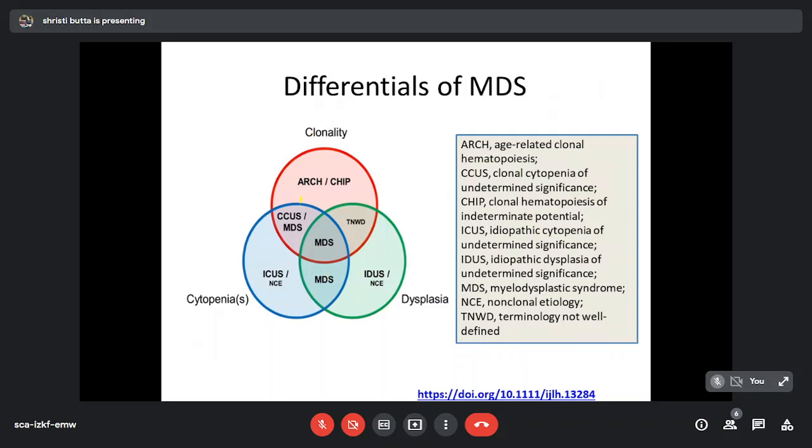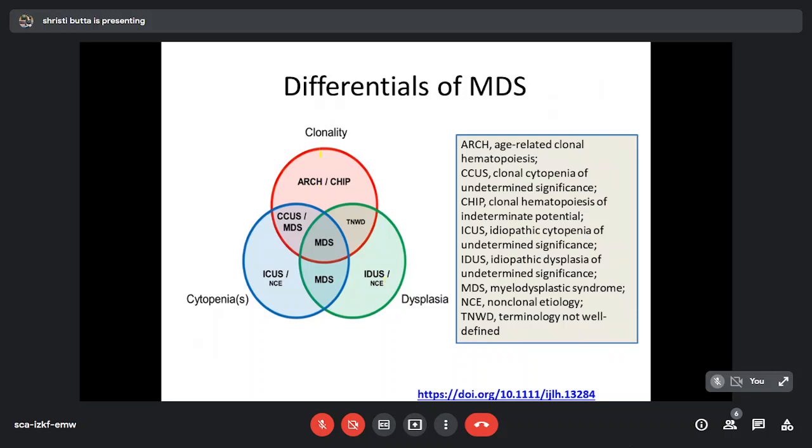When only clonality is present, it could be age-related clonal hematopoiesis or clonal hematopoiesis of indeterminate potential, that is, CHIP. If it's only associated with cytopenias, it could be idiopathic cytopenia of undetermined significance, or ICUS. If it's only associated with dysplasia, it could be idiopathic dysplasia of uncertain significance.